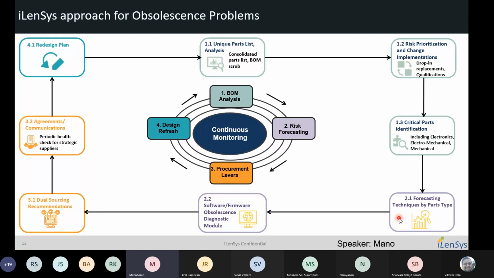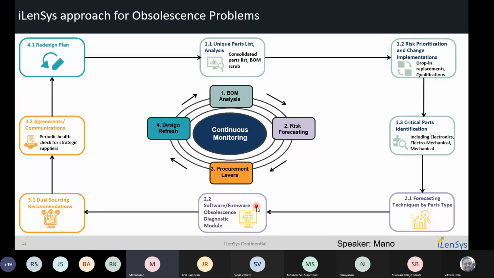And in the same step, we also look at risk due to software and firmware obsolescence or unavailability of the latest version and revisions and so on. So we have a separate module for managing the software and firmware obsolescence as part of our step 2.